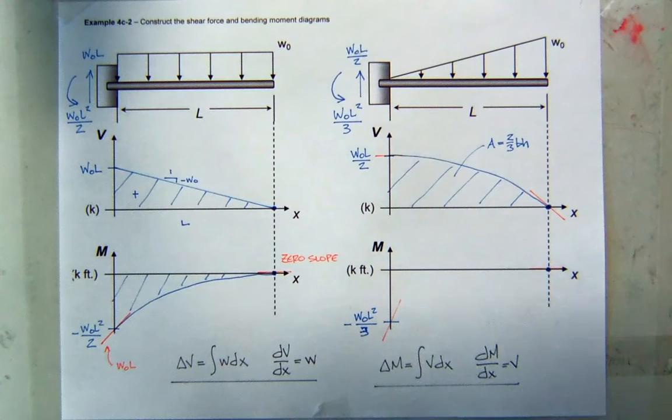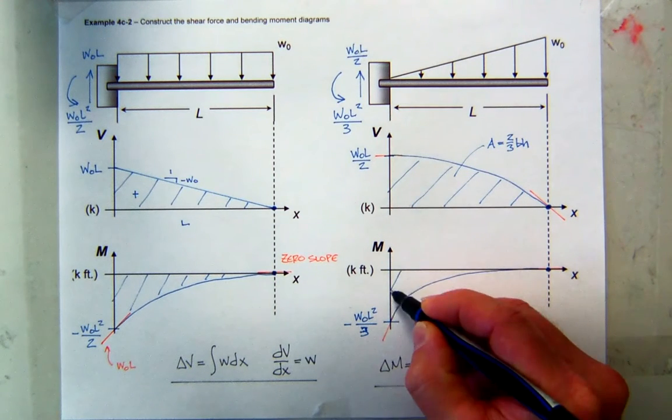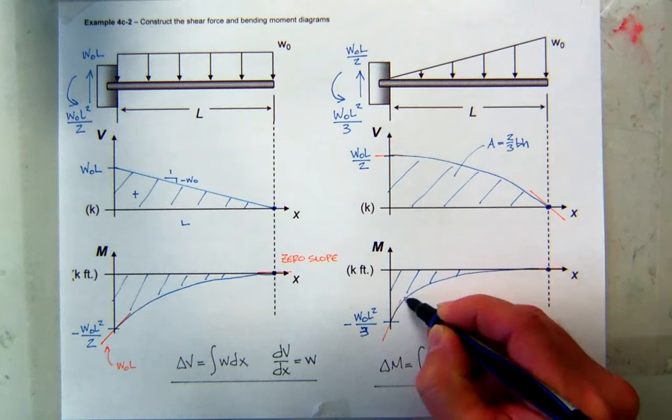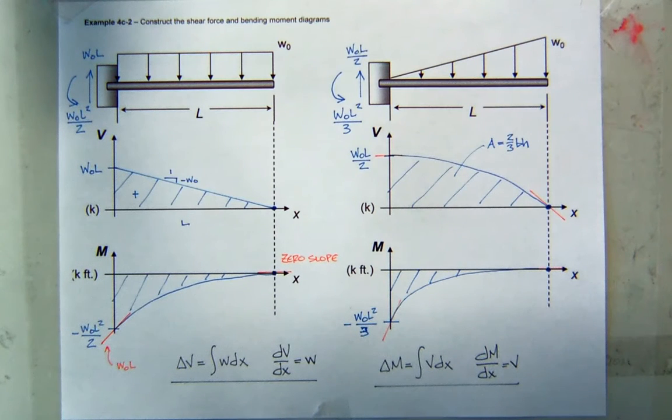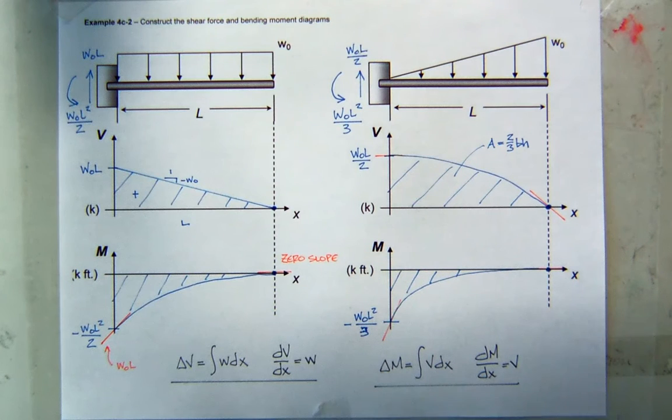So I can sketch in that shape. And this would be a cubic shape. But again, you can see the cool thing about this is I still can find my maximum value. I still know the maximum moment is here. I know it's negative. If you just had an equation, you'd have to examine that equation and see where the maximum value was.